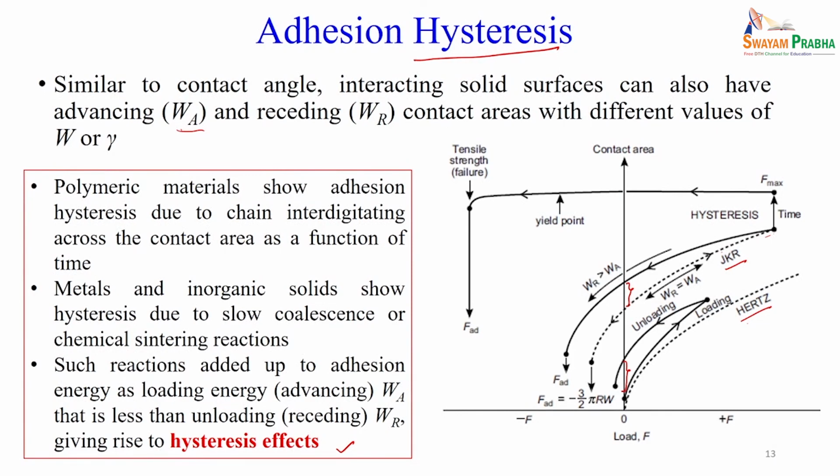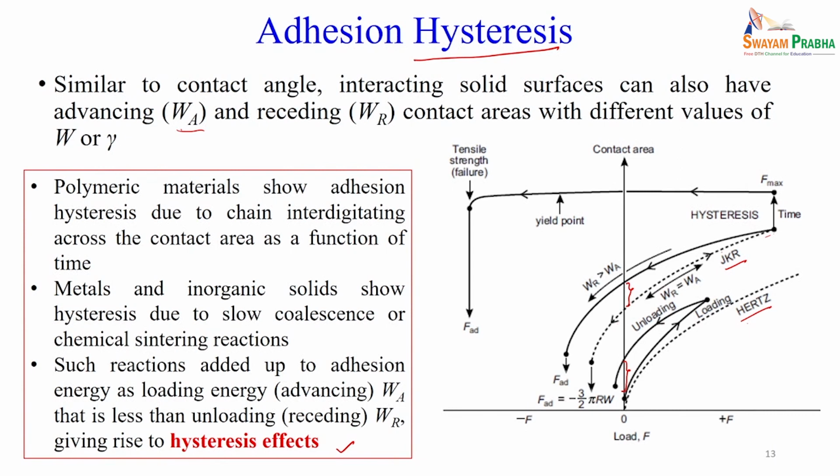In the case of polymers, it is because of the presence of chains. In the case of metals or inorganic solids, the presence of some ions or functional groups affects, or changes, the properties of the interface. This creates a difference between the loading energy and the unloading energy, and we see the difference in the contact area, that is hysteresis.